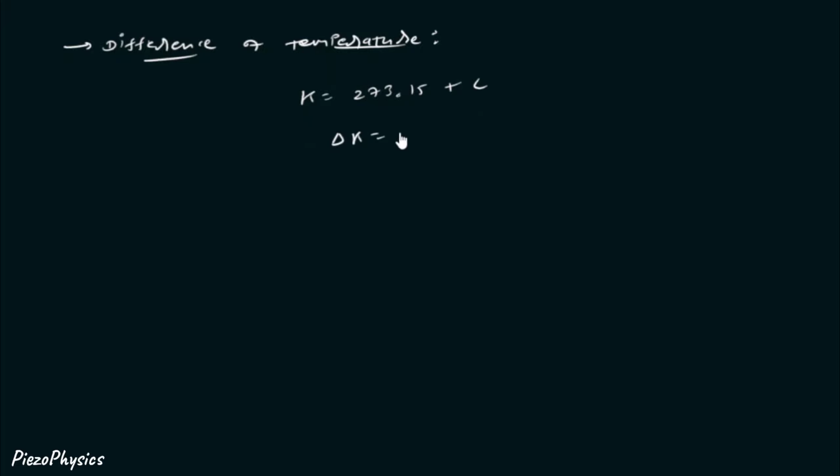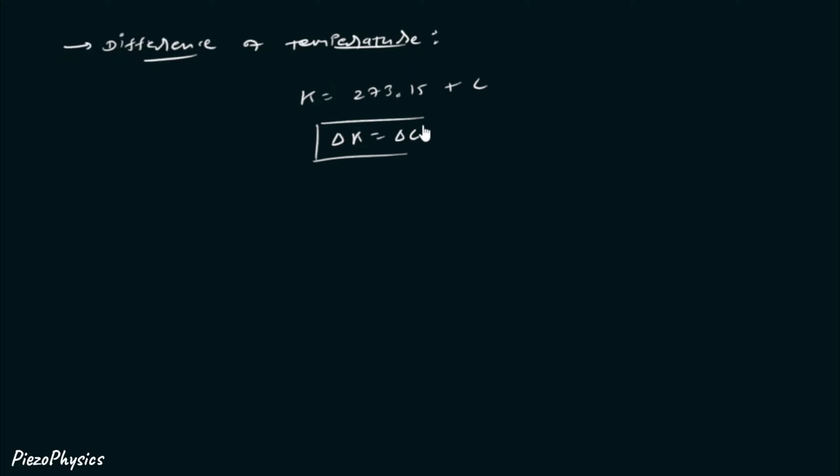Now one important thing to consider is the difference of temperature on different temperature scales. We had Kelvin equals 273.15 plus Celsius. Therefore, if we take delta on both sides, delta K equals delta C, since the difference of 273.15 will be 0.